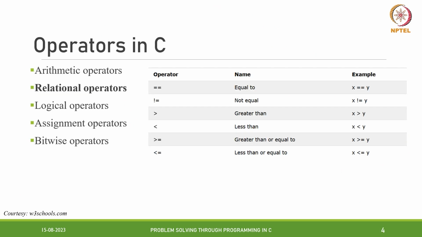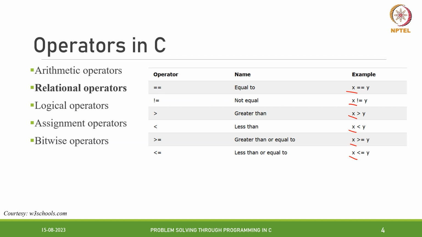So next are the relational operators. They are used to relate two different operands. It can be just to check: is x equal to y? You can write it in this form. Is x not equal to y? You can write it in this form. Is x greater than y, x less than y, x greater than or equal to y, and x less than or equal to y.